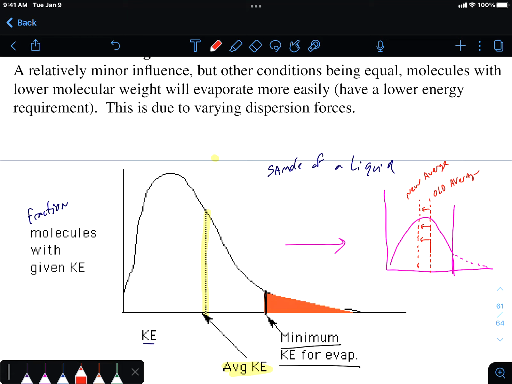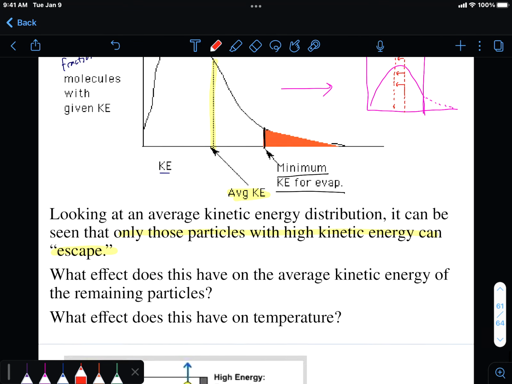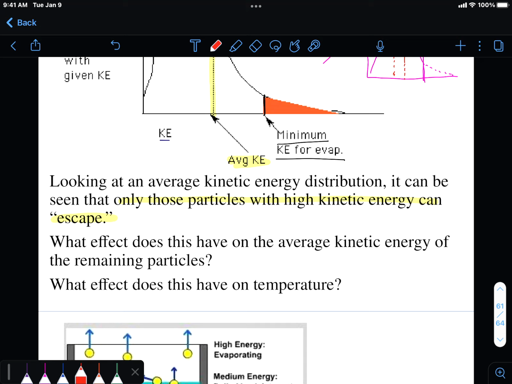Because the molecules that have enough energy to leave, they do leave. And that means the remaining energy is less than when you started with. So in every single instance in your lab, the temperature started going down as soon as you lifted those filter papers out of the bottle. Okay? So what effect does that have on the temperature? Well, of course, it's going to lower it.